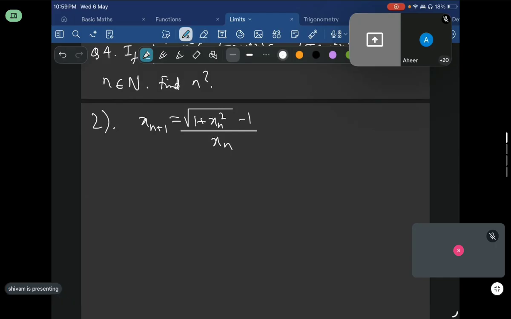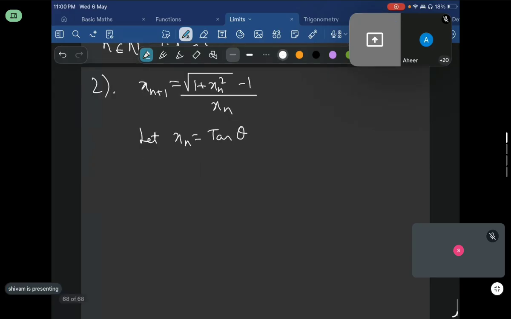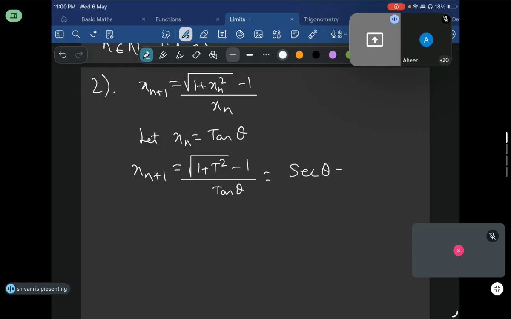Then x(n+1) will be equal to root over (1 plus tan square theta) minus 1, upon tan theta. So what are we getting? Sec square theta, actually sec theta minus 1, by tan theta.